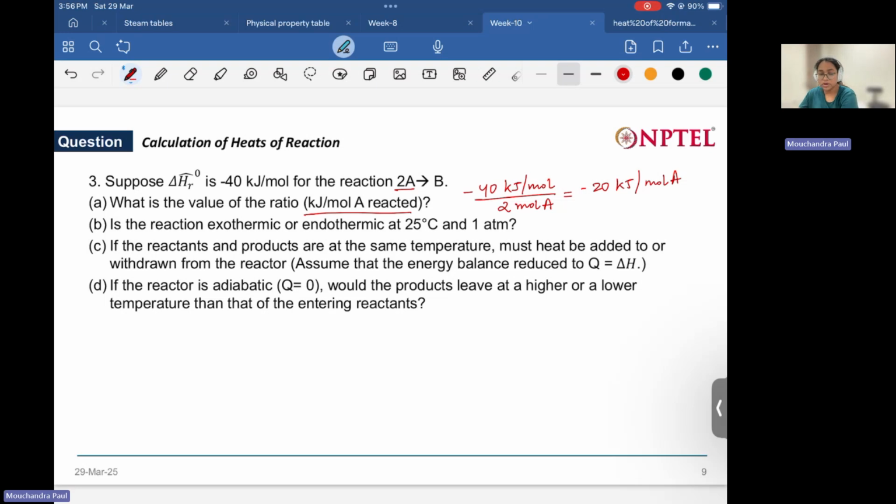Now, is the reaction exothermic or endothermic? Since the value is negative, it is exothermic. If the reactants and products are at the same temperature, must the heat be added to or withdrawn from the reactor? We assume that the energy balance reduces to Q equals delta H. Since delta H is negative, Q is negative, so heat has been withdrawn from the reactor.